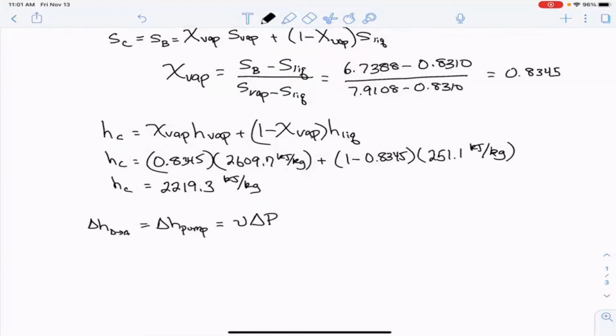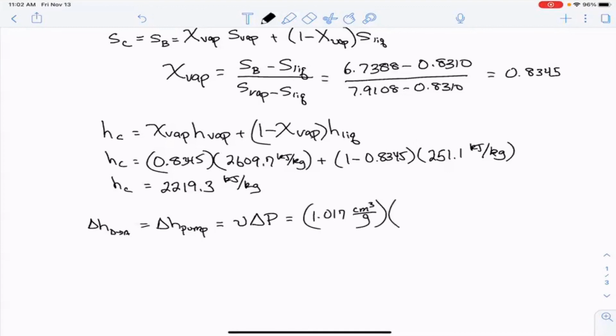And so from there, right, we know that this is equal to, if I look at the steam tables, we'll assume that the specific volume is approximately 1.017 cubic centimeters per gram.